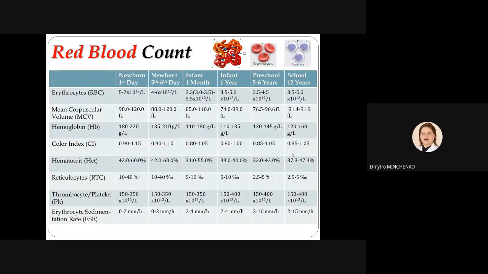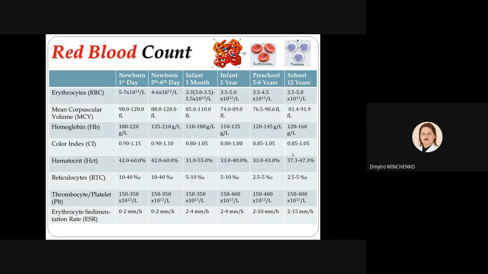Now, the reference values presented here are sort of mid-range averages taken from multiple sources. All of them are proven medical sources. I'm taking average reference values.